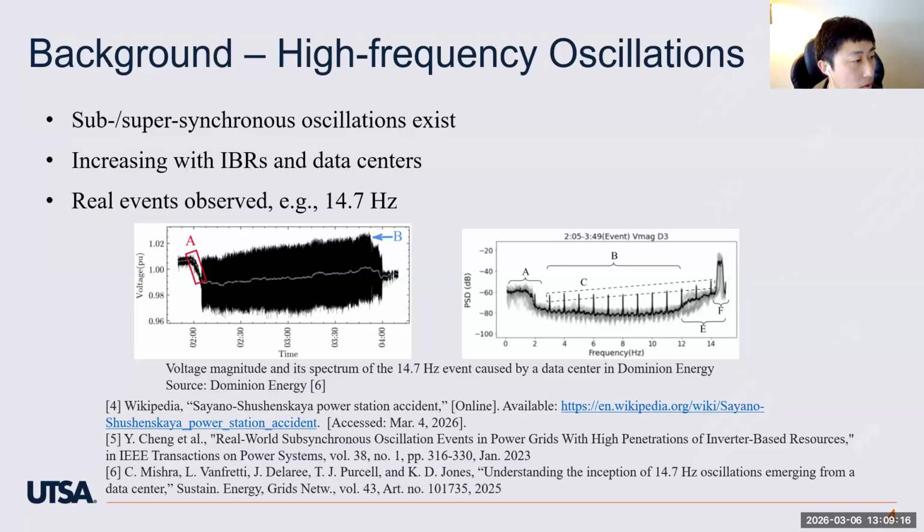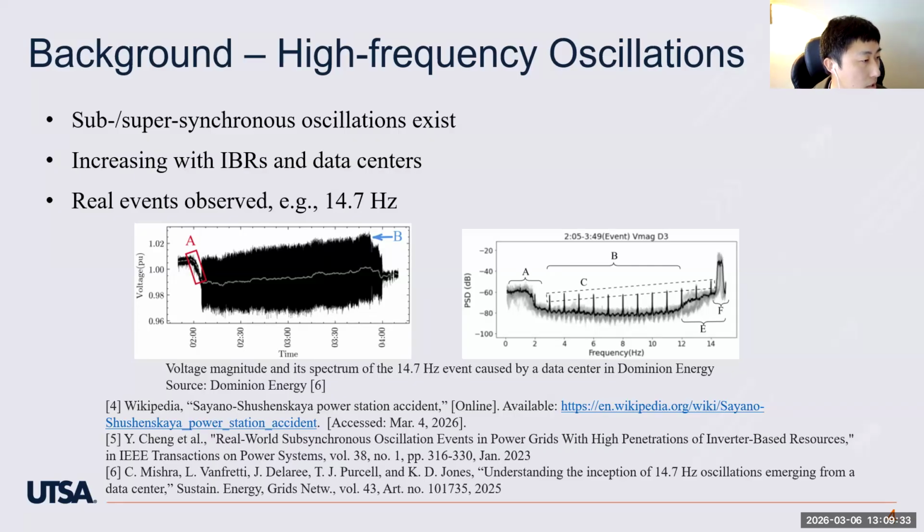There are two figures on this slide, just to give you a feeling of what high-frequency oscillations look like. This is a 14.7 Hertz oscillation event observed in Dominion Energy territory.